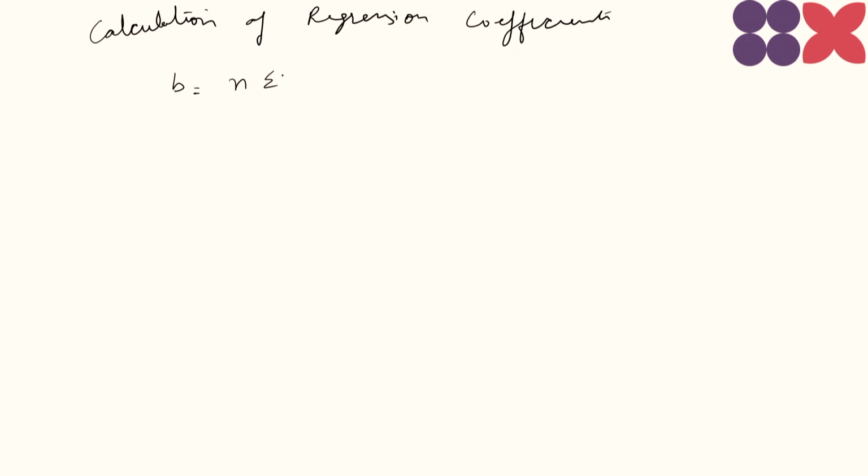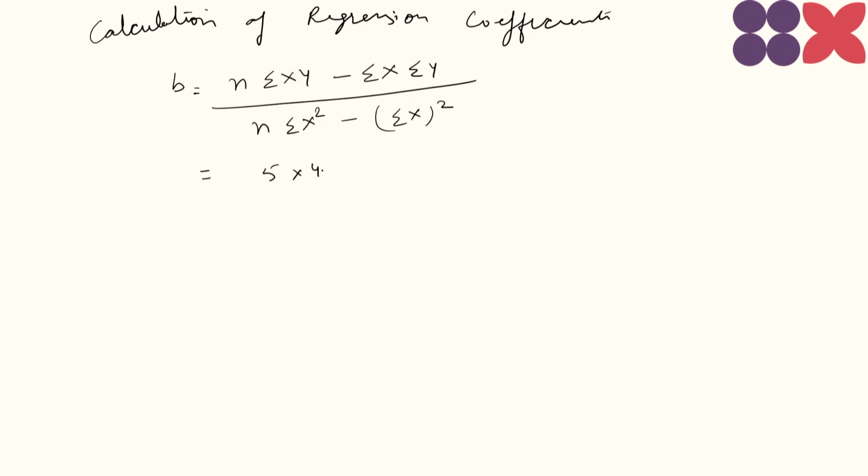So first, in a similar fashion, we calculate the regression coefficients. These coefficients are A and B, where B is equal to, using the same formula, N summation of X and Y minus summation of X into summation of Y, whole divided by N summation of X square minus summation of X whole square, which is equal to 5 into 43150. We just computed that figure.